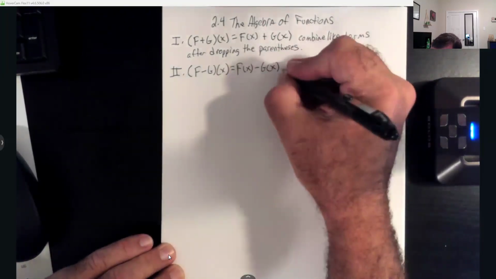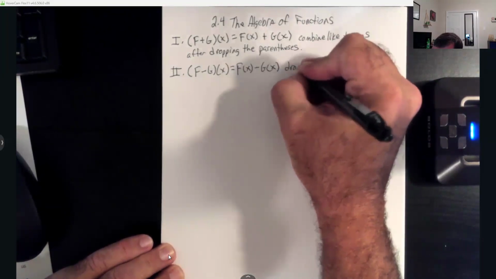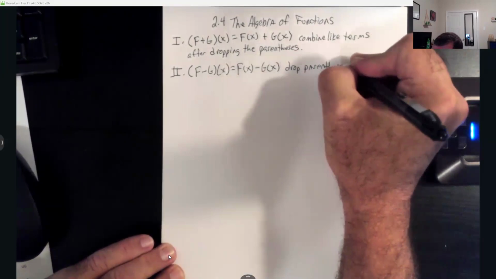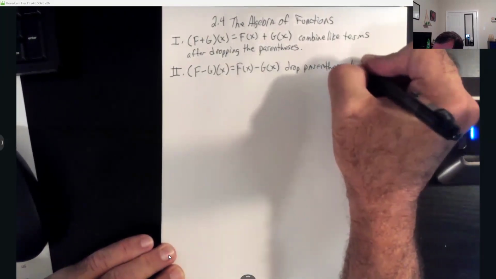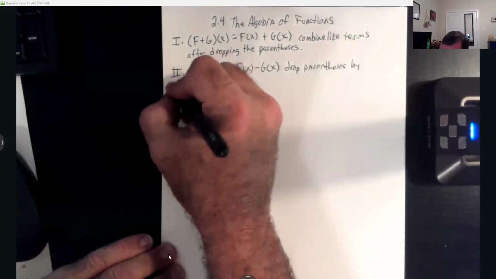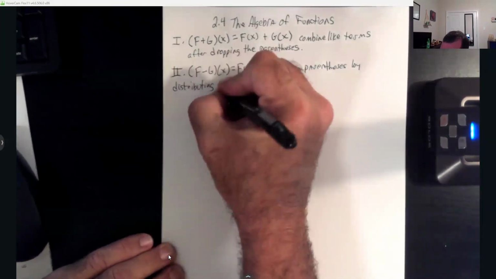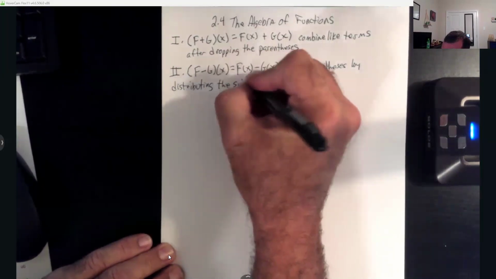So what we would do on this one, we would drop parentheses by distributing the subtraction.